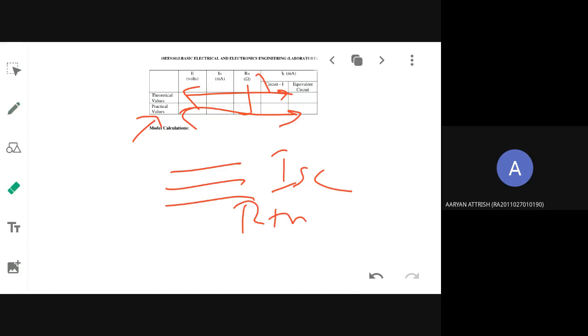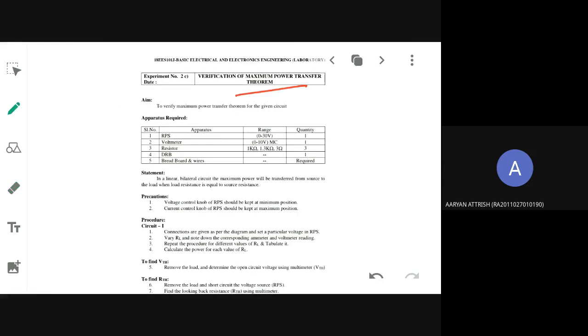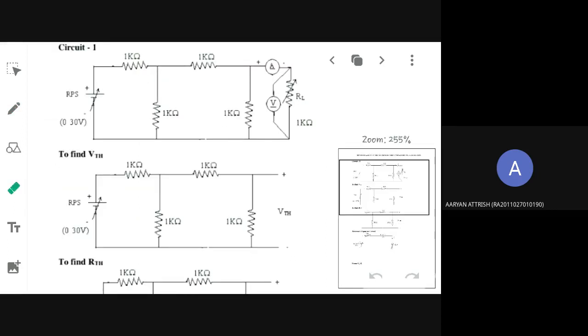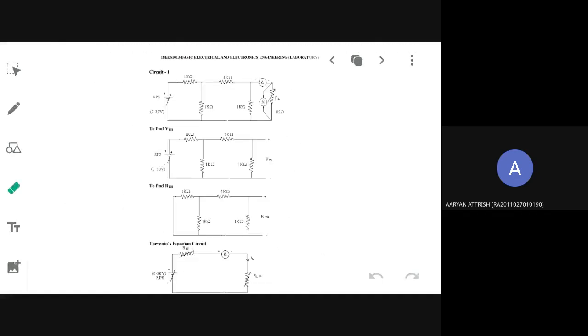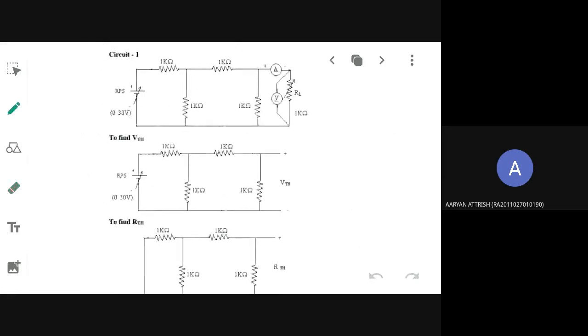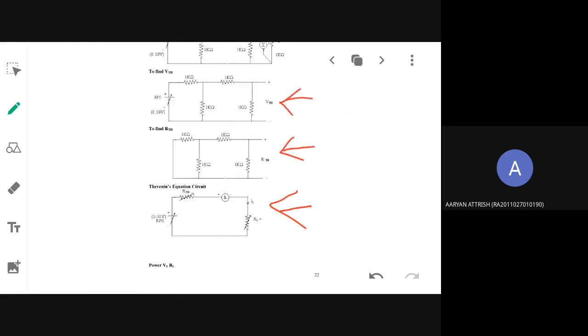Next, the last theorem is your maximum power transfer theorem. For that, again, one circuit will be given. Again, same way you need to find out the V Thevenin, you are finding out R Thevenin, and then you are finding out with Thevenin's equivalent.